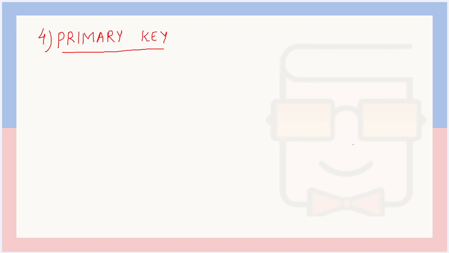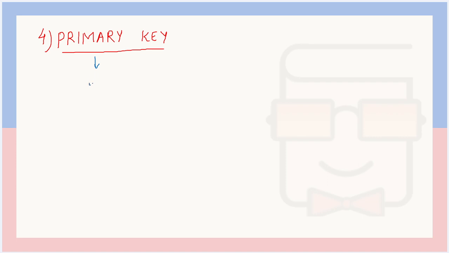Now coming to the fourth constraint and the most important constraint, which is the primary key constraint. Primary means main or the first one, right? So the primary key constraint, whenever it is applied to an attribute, ensures that the attribute is able to uniquely identify each and every row in the table.